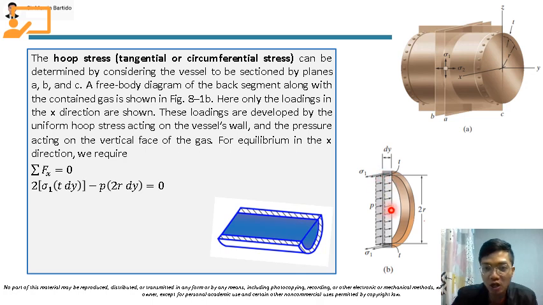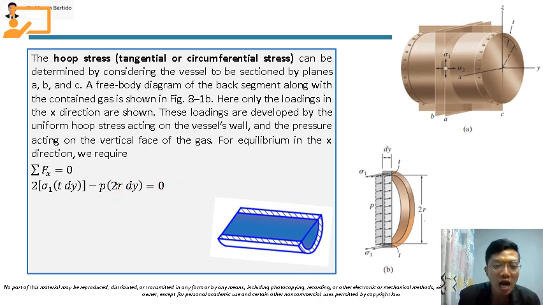The area perpendicular to this pressure is 2r times dy, because the diameter is 2r. So 2r times dy, and that will be equal to 0.